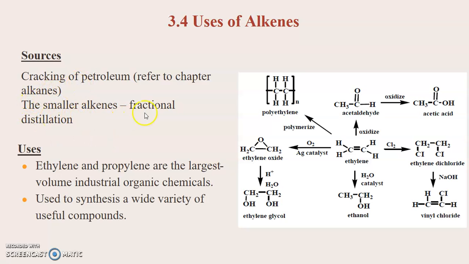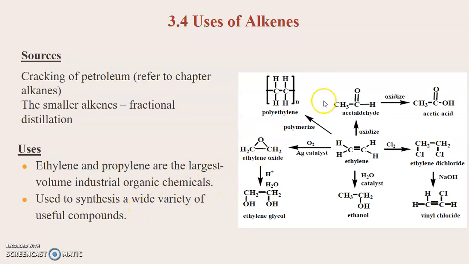That process is followed by fractional distillation to get smaller alkenes. Alkenes are used to produce ethylene and propylene. Propylene and ethylene are the largest volume of industrial organic chemicals. They are used to synthesize a variety of useful compounds.